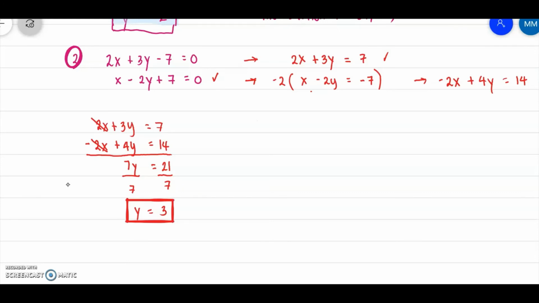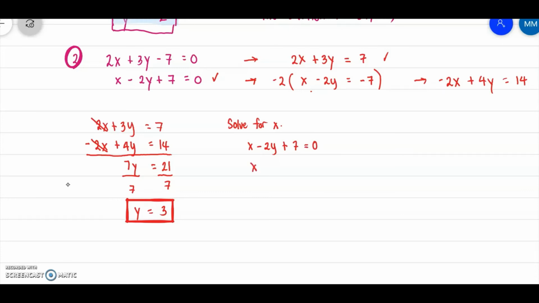Now proceed to step 4. Choose any of the given equations to solve for the variable x. Here, let's use our second equation, x minus 2y plus 7 equals 0. So solving for x, we have x minus 2y plus 7 equals 0.